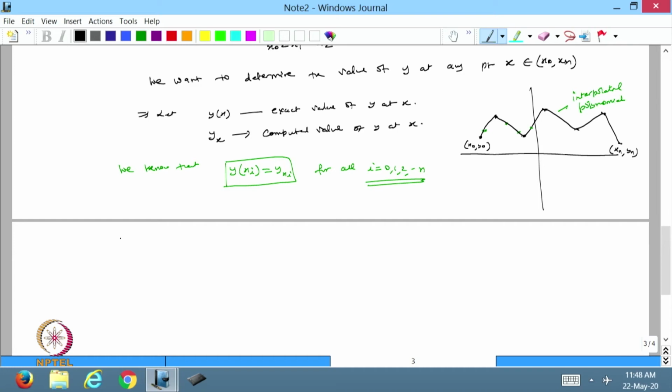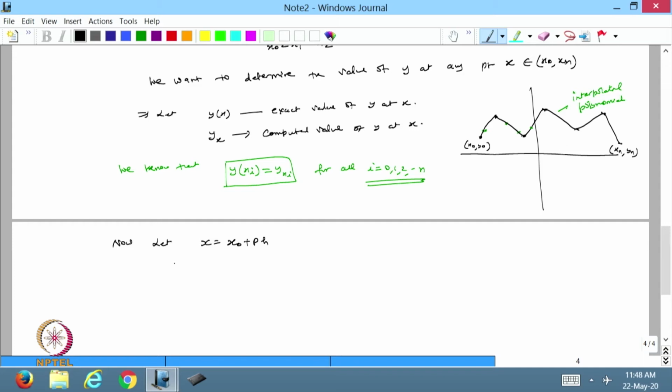Now, I want to write y(p) is equal to y(x). So, I write x is equal to x naught plus ph.